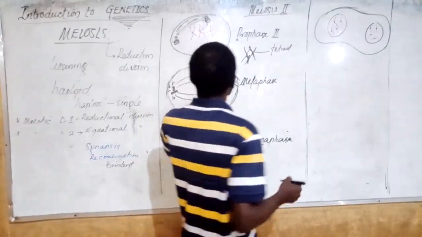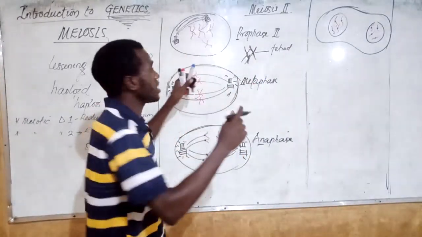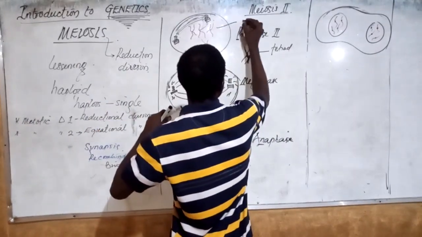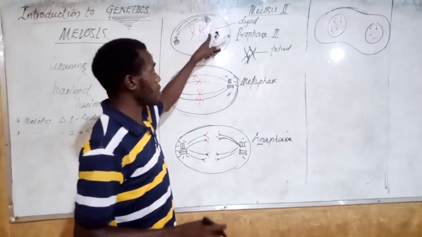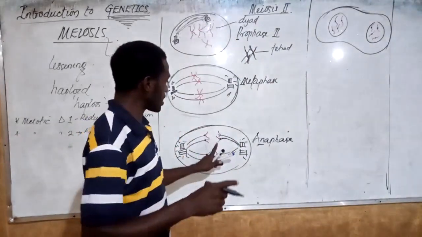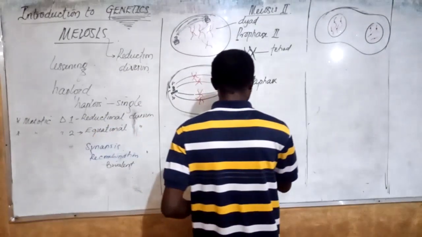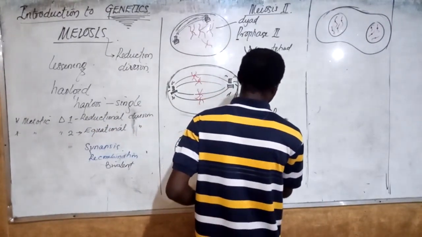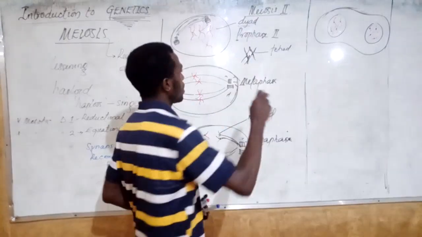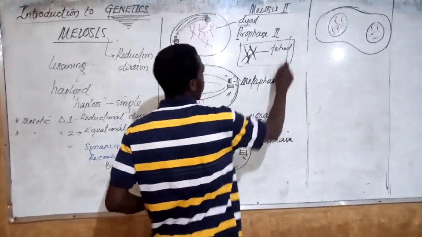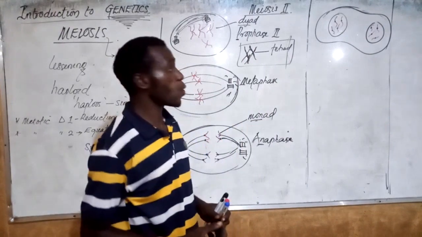Okay, so here when they separate, they form a dyad. So this is a dyad when they are separated in the first place. Now when they separate finally here, they form a monad. So remember mono, which means one, di meaning two. So the tetrad becomes broken down to monad.